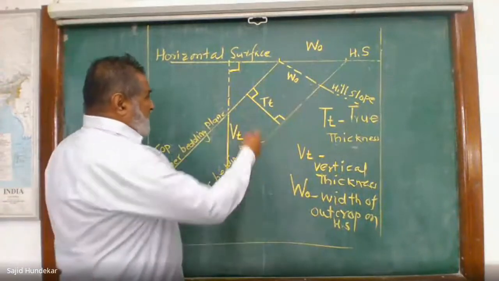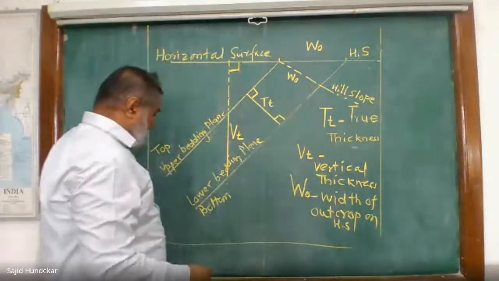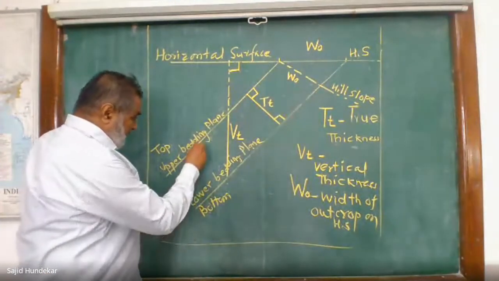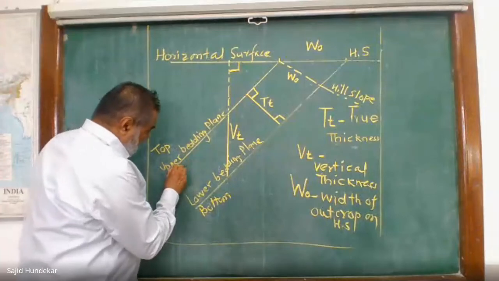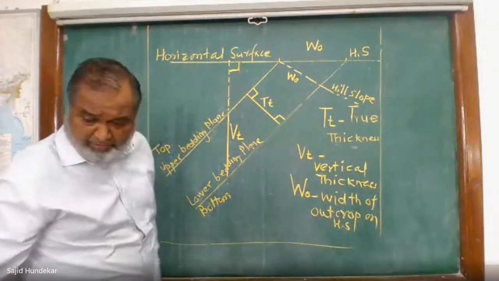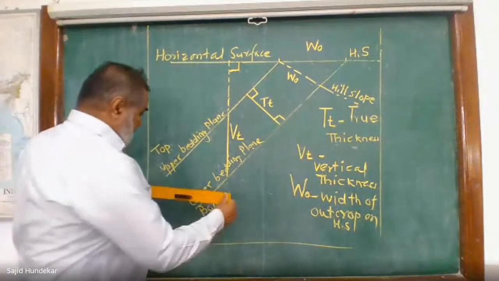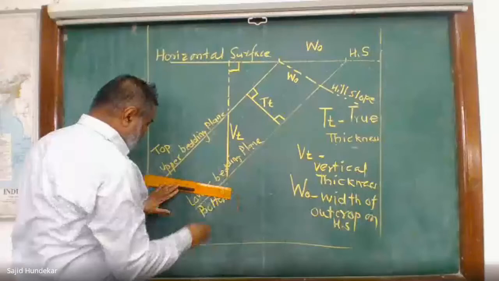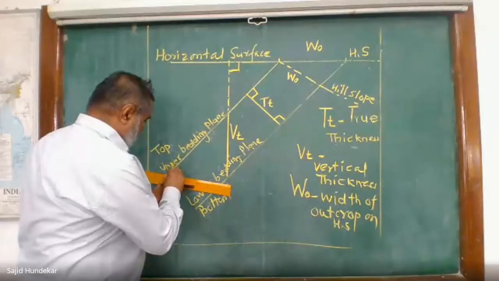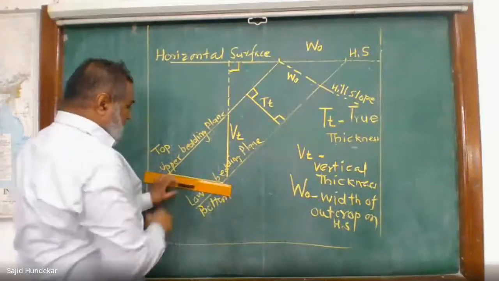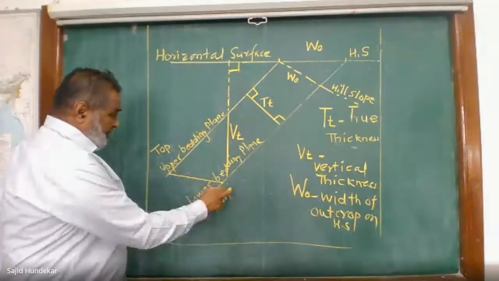If you measure the thickness at any other point, for example, I'll use the scale so that you can get a straight line. If I measure this thickness, it is not perpendicular to both.